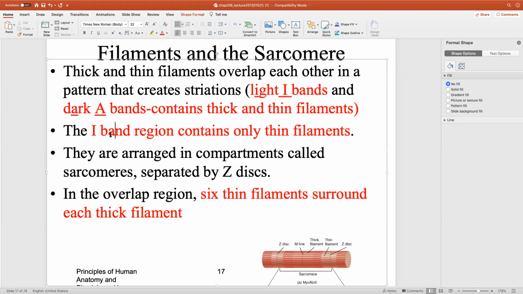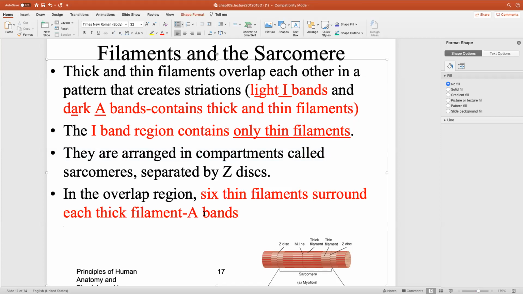What else? The I bands are regions that only contain thin filaments. In the overlap area between thick and thin filaments, we see the A band, all right? So overlap between proteins creates the A bands. Now, why do we see this light-dark combination?